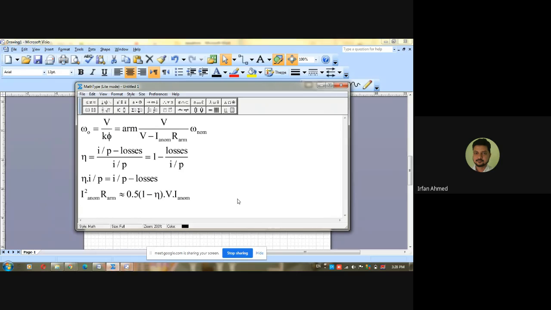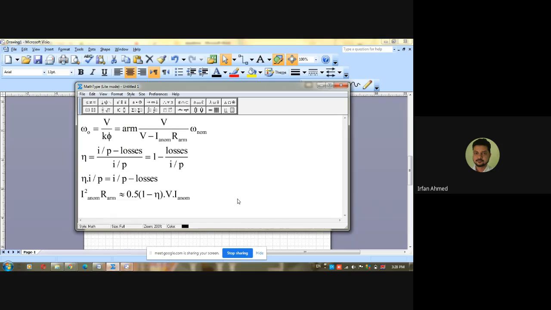So the armature copper loss without any external resistance at rated armature current, I_A nominal squared multiplied by the armature resistance R_A, is approximately equal to 50% of the total losses taking place inside the motor under rated armature current.